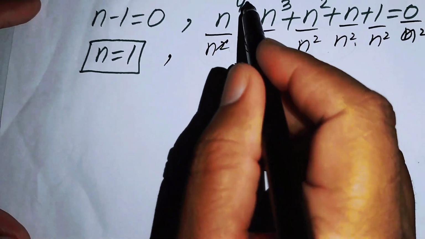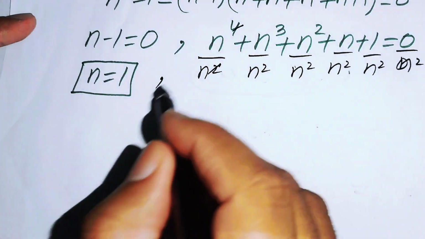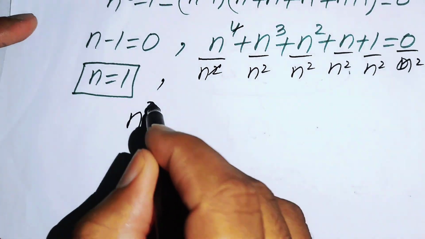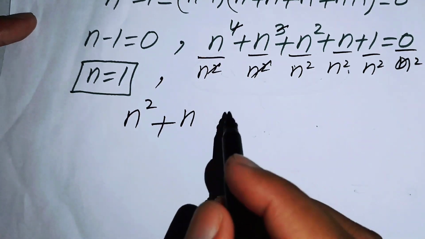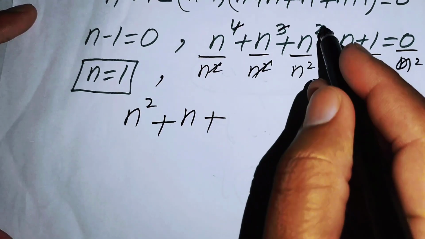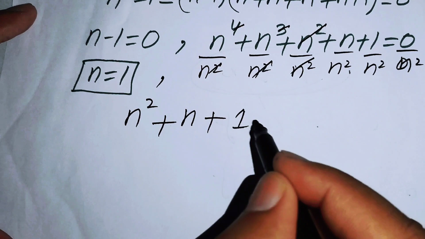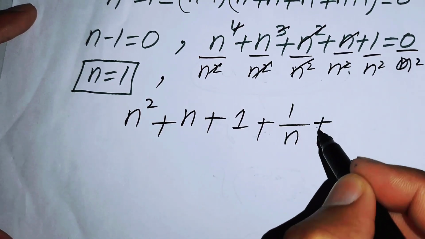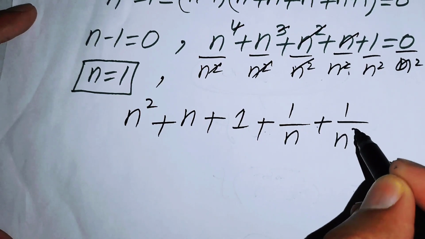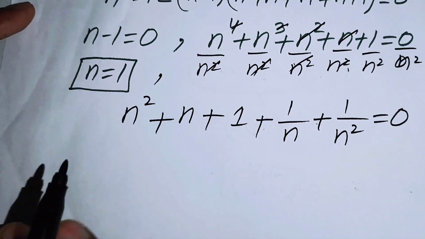So when you divide each term by n squared, you get n squared, then n squared over n cubed leaves n, then plus 1, and then you get 1 over n, and similarly 1 over n squared equals 0.